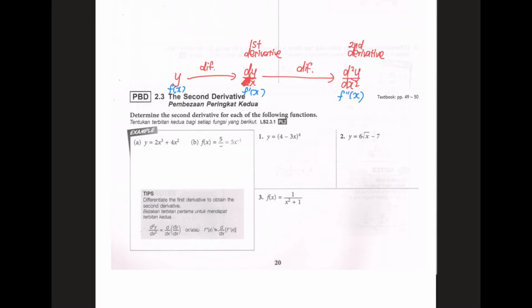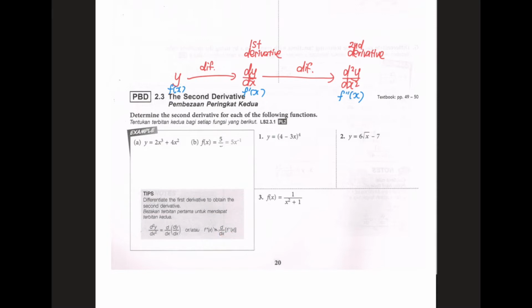That means differentiate this. Then you will get the second derivative. So the second derivative is equal to the differentiation of the first derivative. d over dx means differentiation of the first derivative. Or f double prime x is equal to the differentiation of the first derivative.